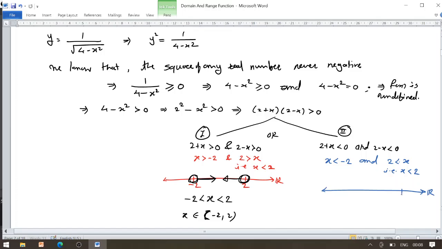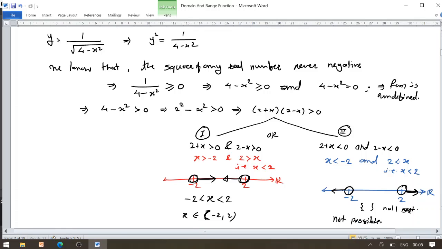So consider a real number line, on it somewhere we have 2, and to the left of it we have minus 2. Whatever value lies just to the left of minus 2 should be less than minus 2, and whatever values lie just right of 2 should be greater than 2. If we now consider the intersecting part of both inequalities, it is the null set, or the void set. That means case number 2 is not possible.